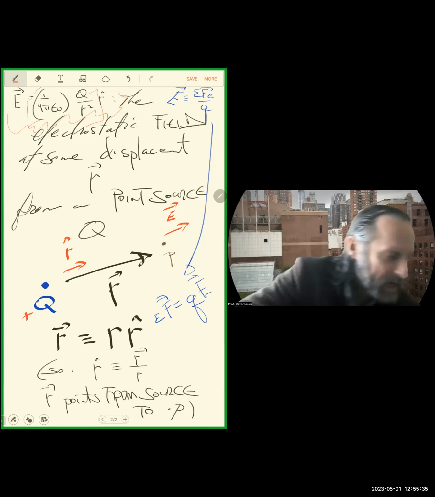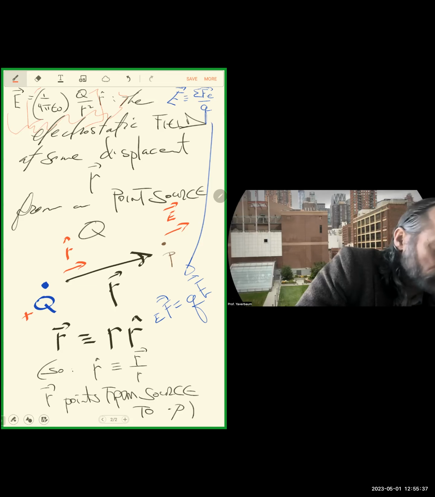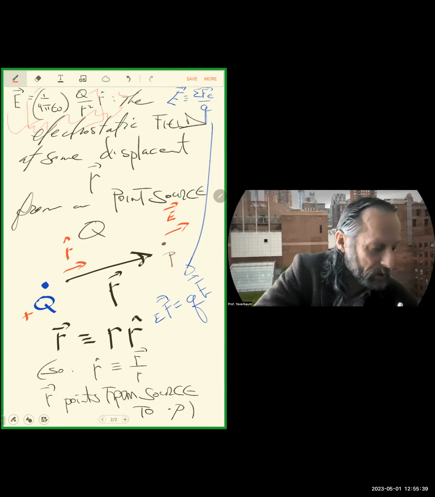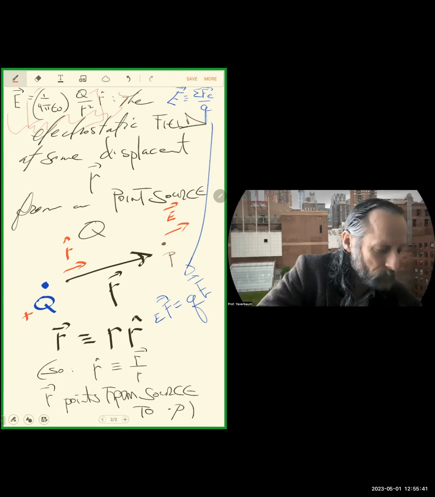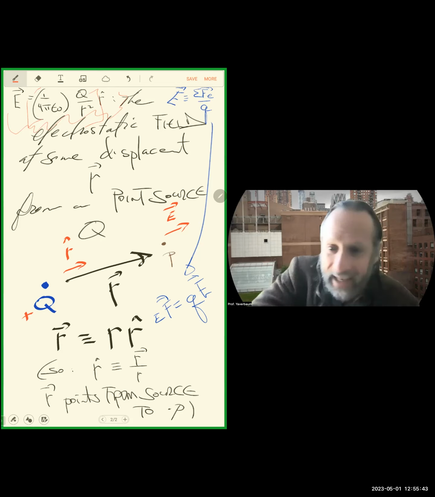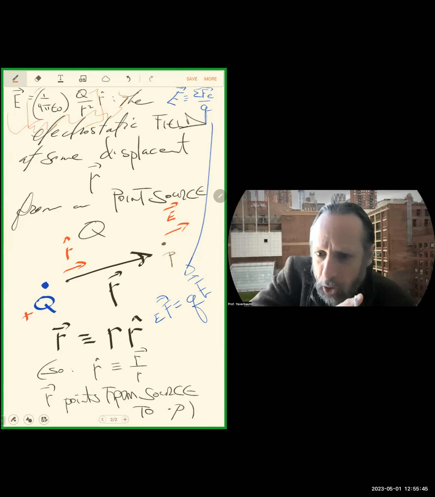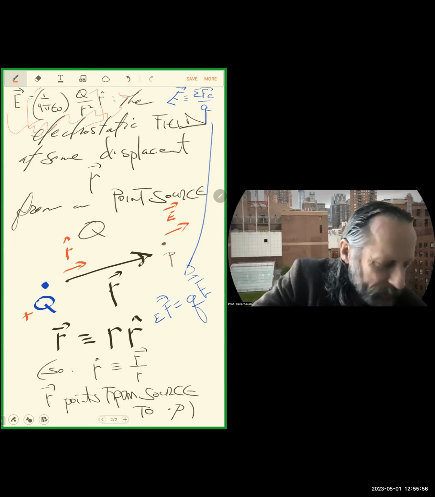So at the end of the day, the E field vector is a vector constructed from the direction of the original R vector and constructed from the magnitude of the original R vector along with the magnitude of the original charge.